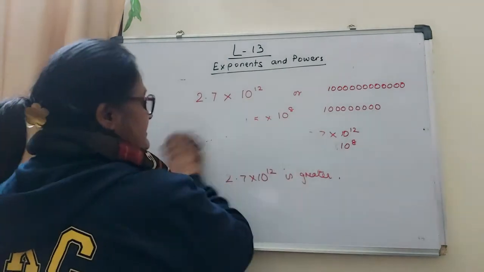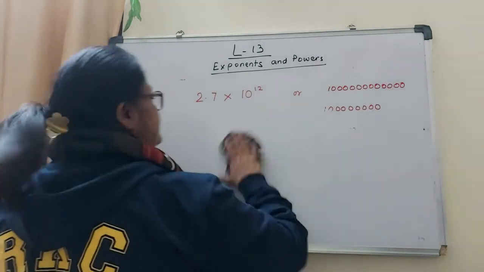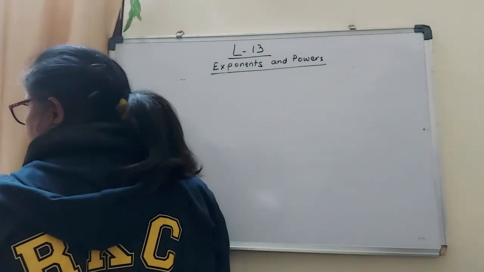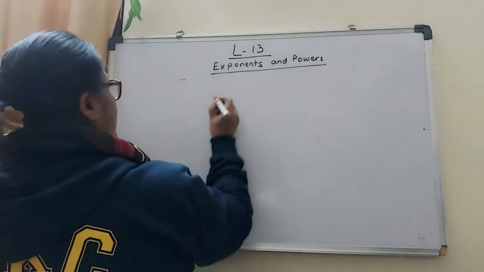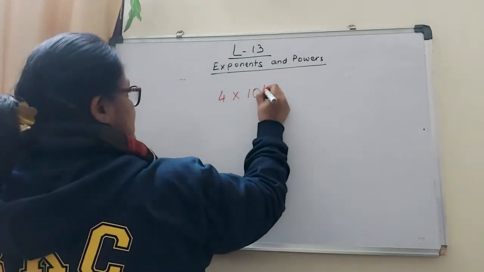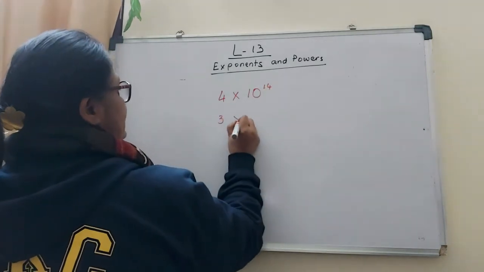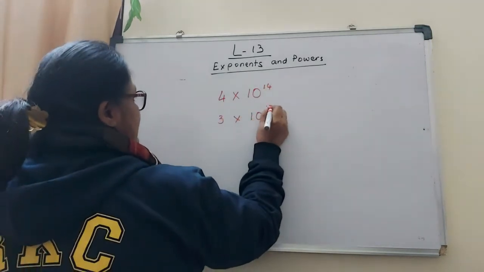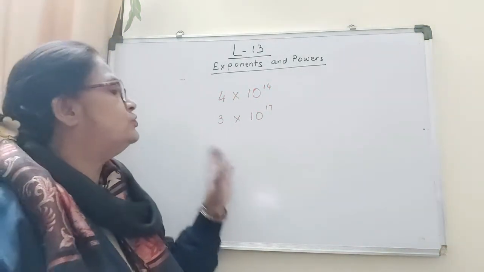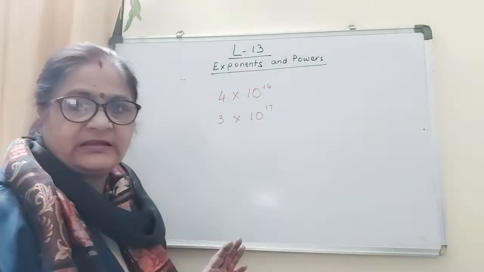The second one is also of the same type. You have 4 multiplied by 10 raised to the power of 14 and 3 multiplied by 10 raised to the power of 17. So which of the two will be a greater number?